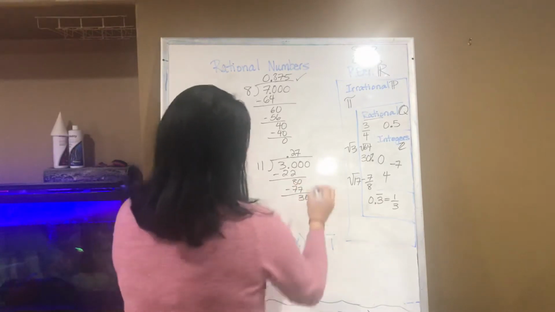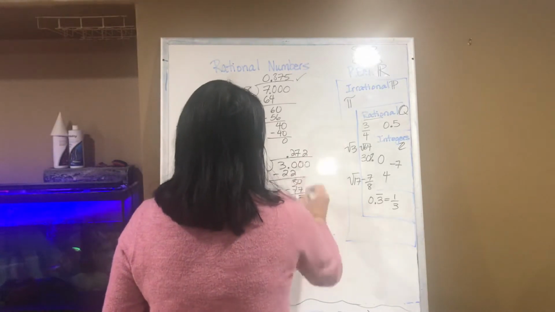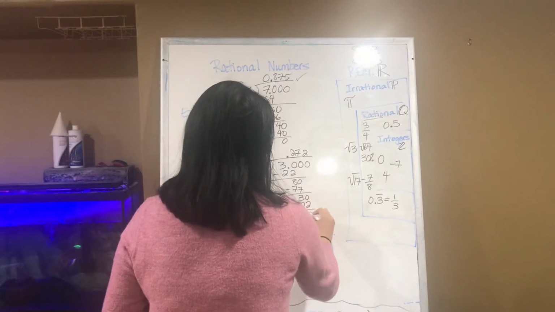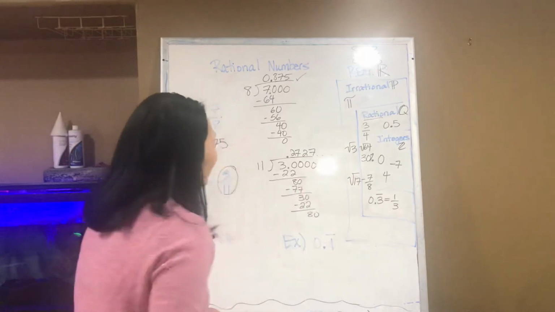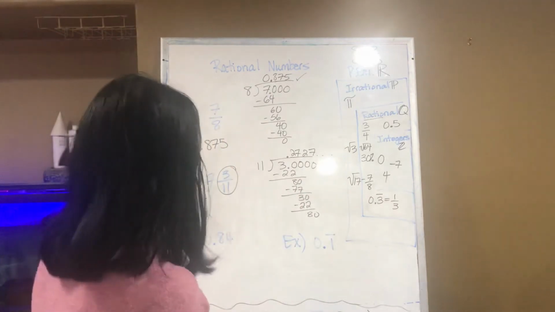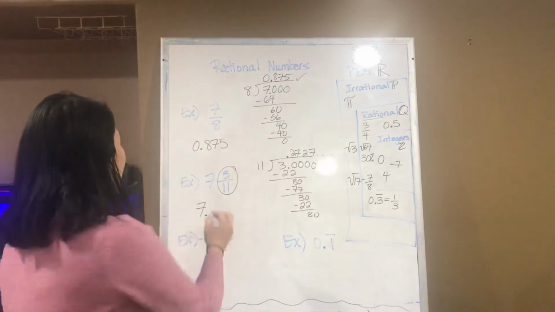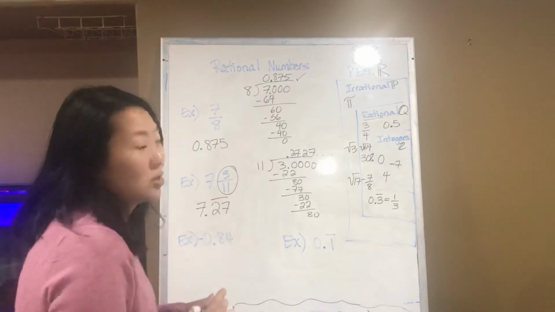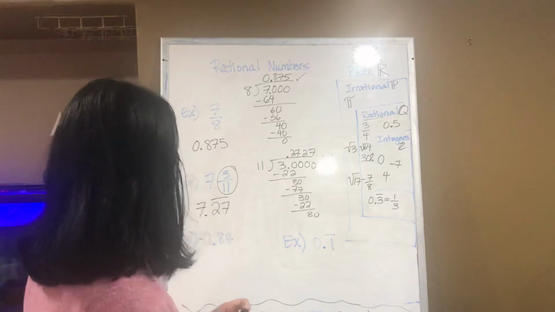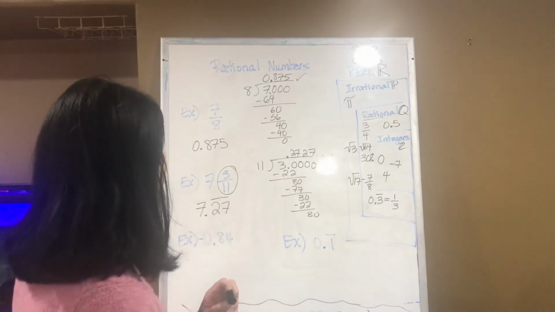Okay, so now 11 goes into 30 twice, and now I can see that it's a pattern. 11 goes into 80 7 times, and I can see that that 27 is going to keep repeating. So my answer would be 0.27 repeating, so 7.27 with a bar over the 2 and the 7 to indicate that both numbers repeat.